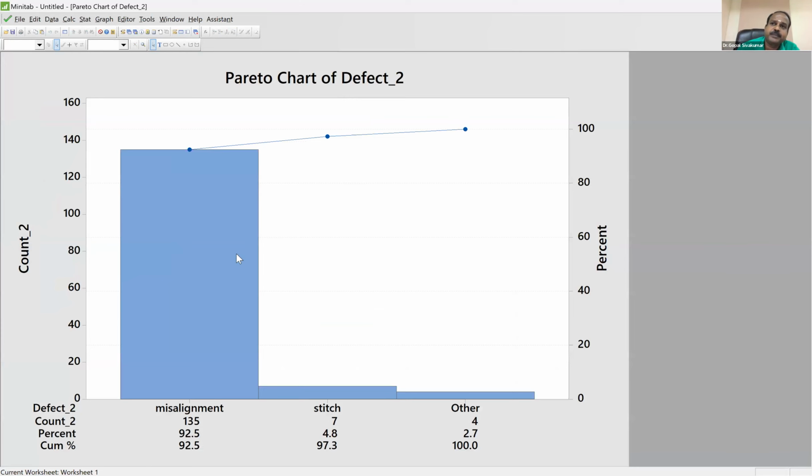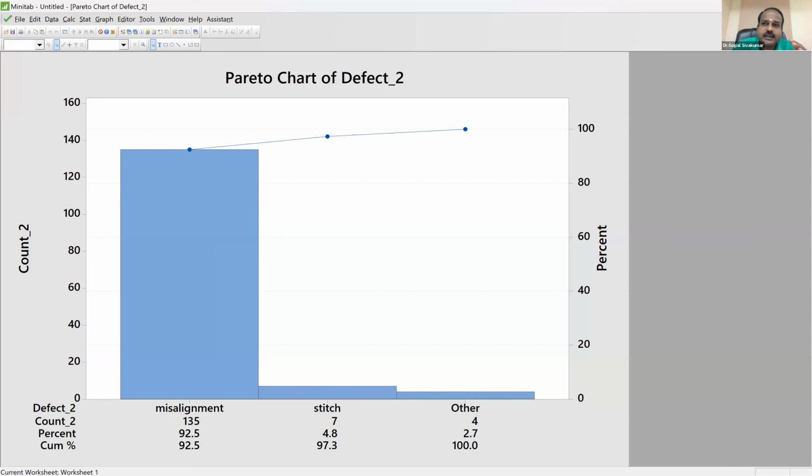What is this telling me? It is talking about the rejections. Rejections in the shirt section, particularly the defect button misalignments.